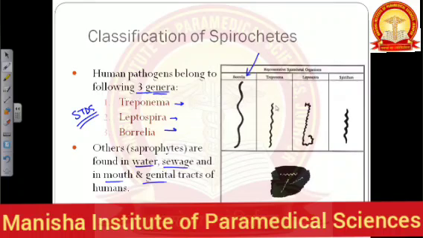Treponema has a basic kind of curvedness. Treponema and Leptospira are similar in length, but Borrelia is larger with a flat spiral, and Leptospira bends at one terminal, right? In dark field microscopy we can visualize it like that. Okay, so that's the classification.